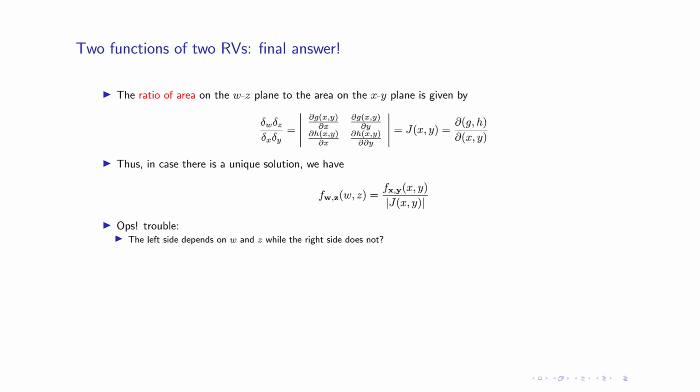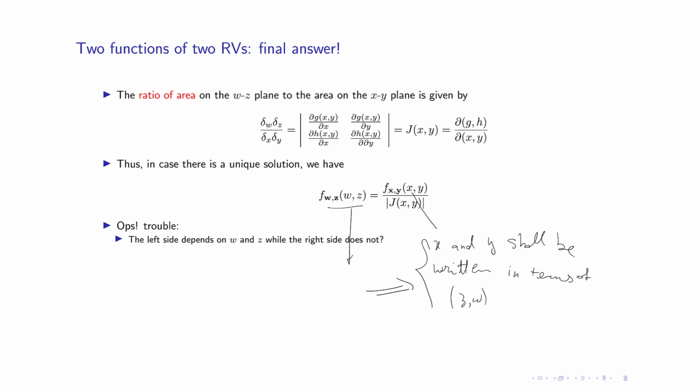Remember that this is written in terms of W and Z. So the right side, X and Y, shall be written in terms of Z and W. So this is the first step.